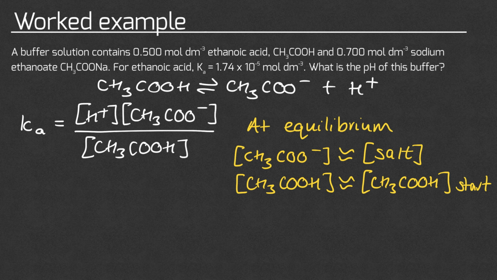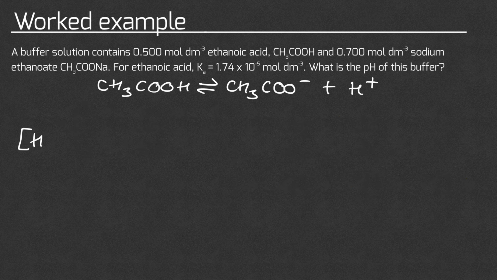So what we can now do is sub these values into the equation and rearrange the equation to give us the concentration of hydrogen. So this is our rearranged equation.